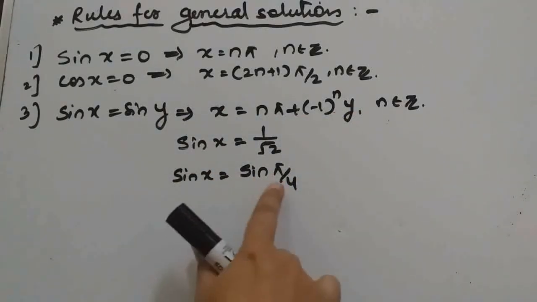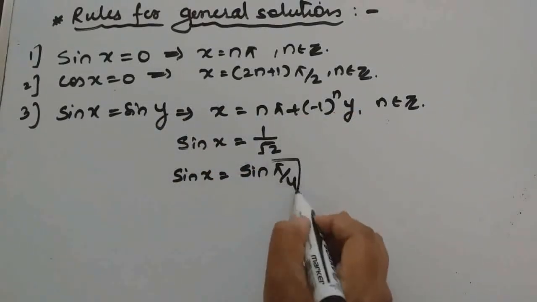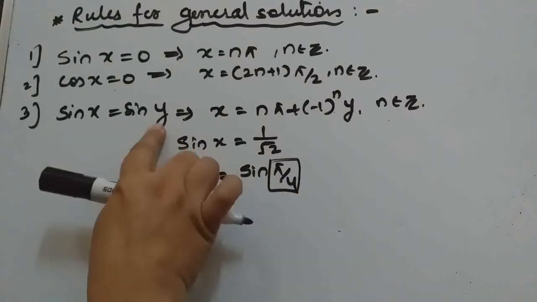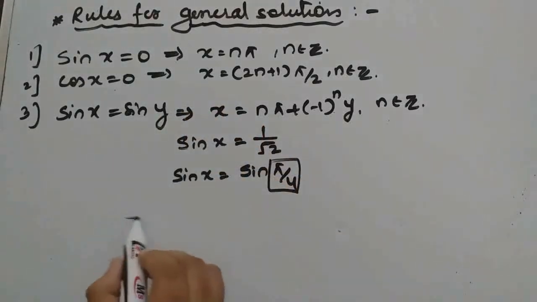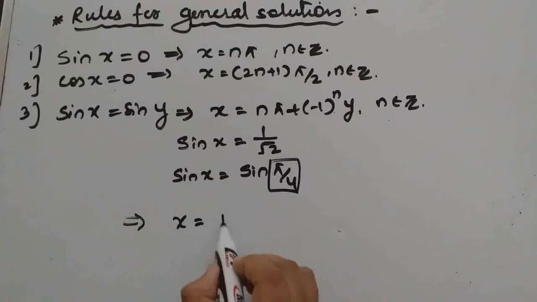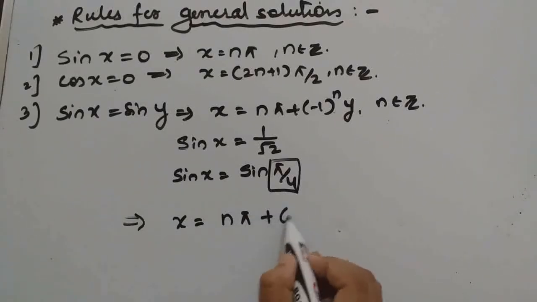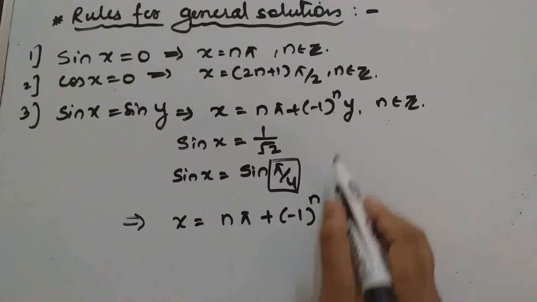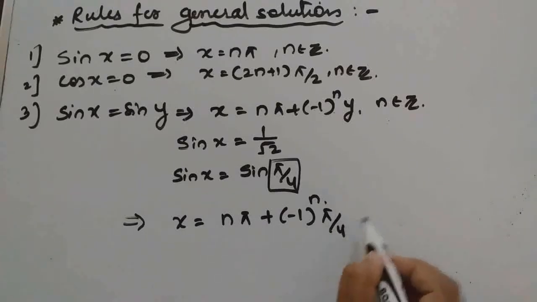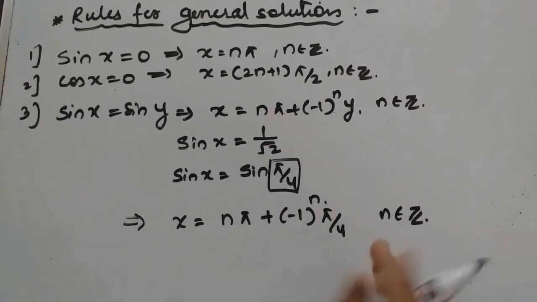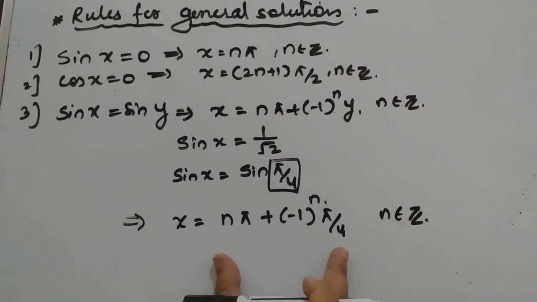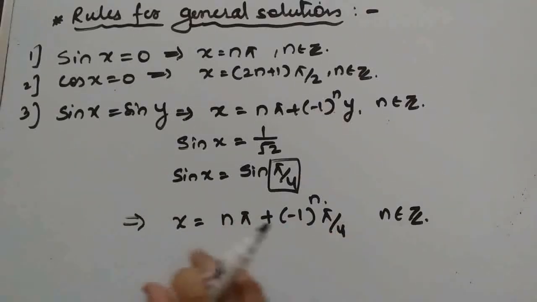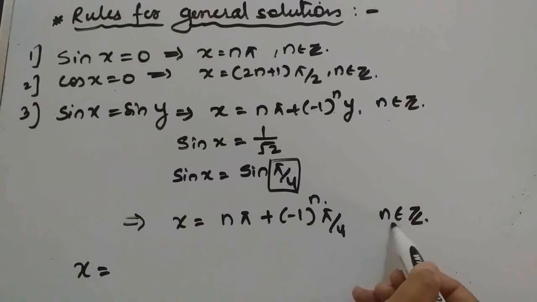So sin x equal to sin y, this is our y. Now what can we write directly? x is equal to n pi plus minus 1 raised to n, y value is pi by 4, n belongs to Z. This is the general form of the solution. Now to get many solutions, say 3 or 4 solutions, you can put values of n.